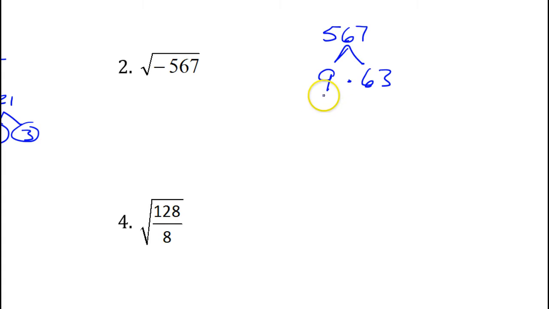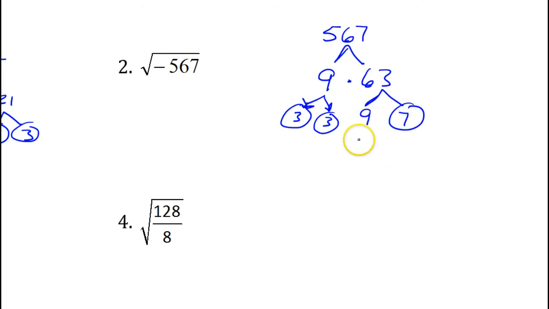Okay, now I could break this down. You know, if I use my prime factorization method, I would go 3 times 3. Or I could just leave it as a 9 because it's already a perfect square. But I think I'll just follow the procedure that we were doing just to show you that it always works. And then, of course, 63 is 7 times 9, or 9 times 7.